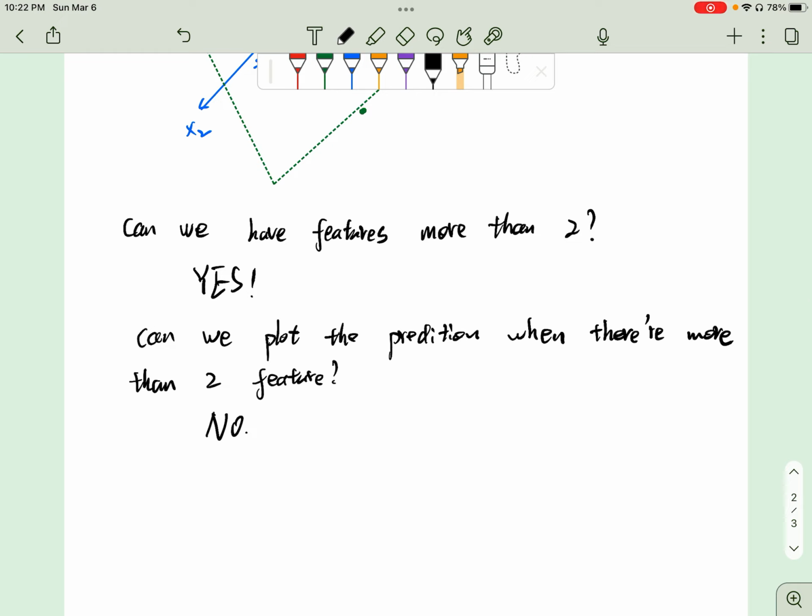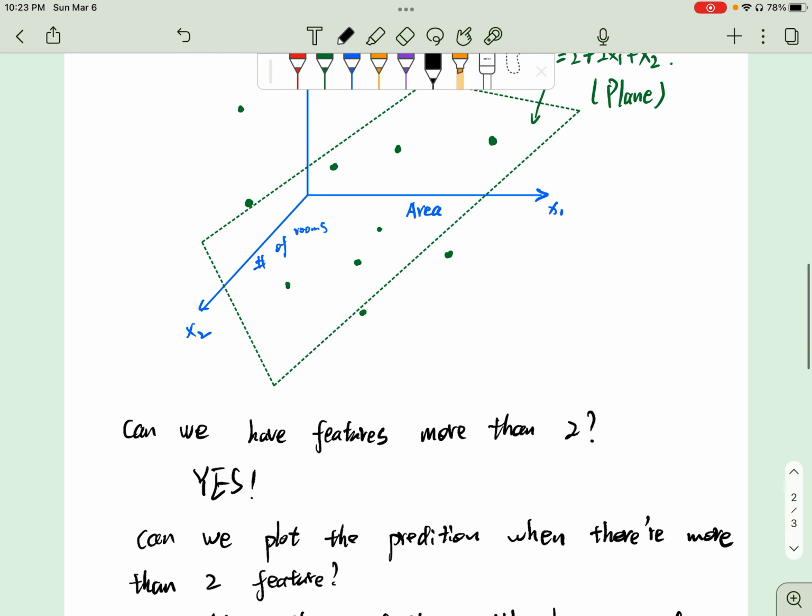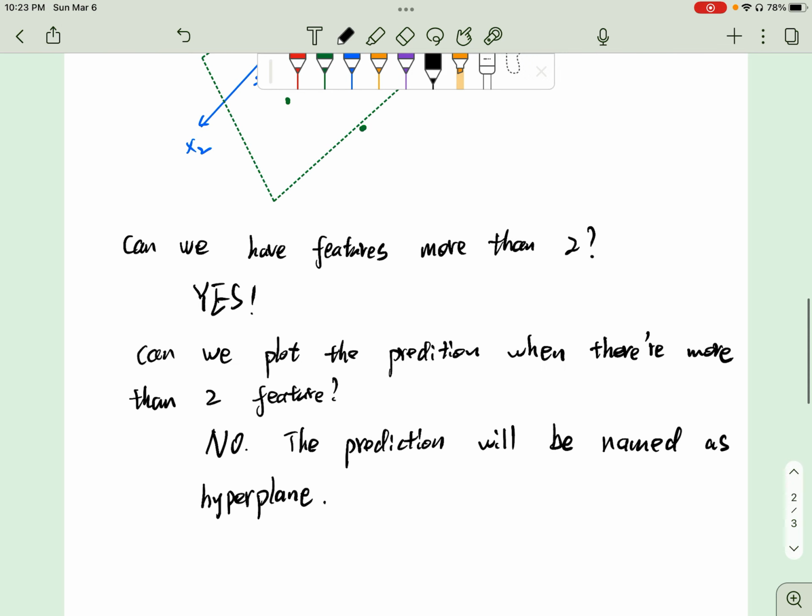But we will give the prediction a name when the features are more than 2. The prediction, the model, will be named the hyperplane.